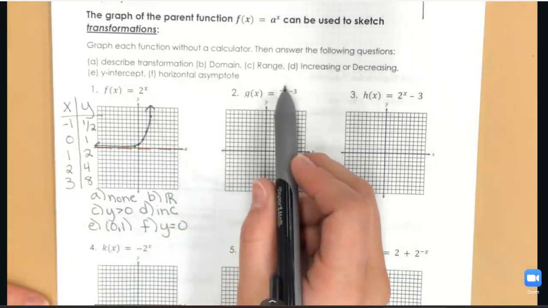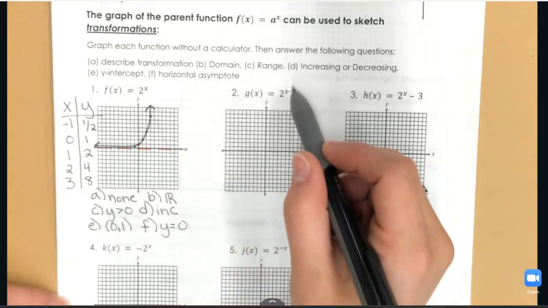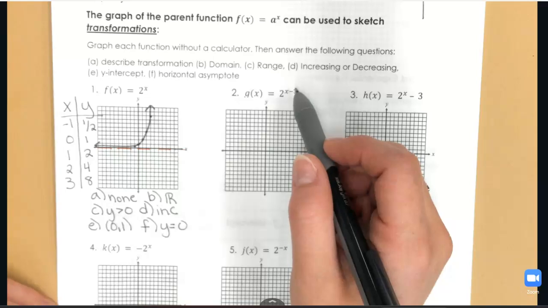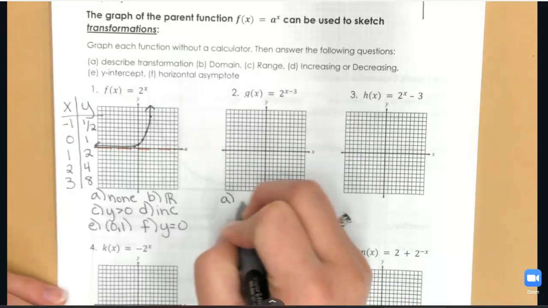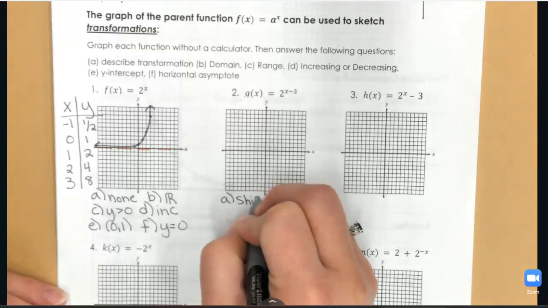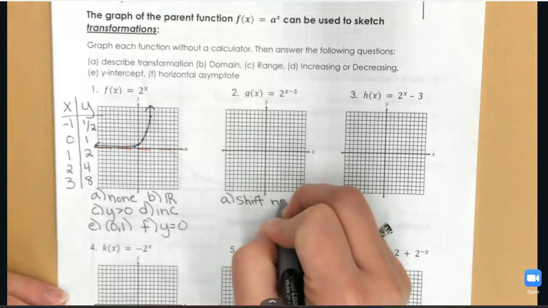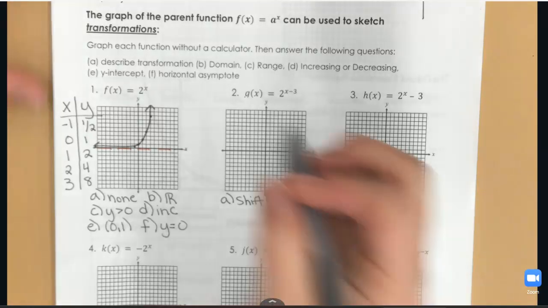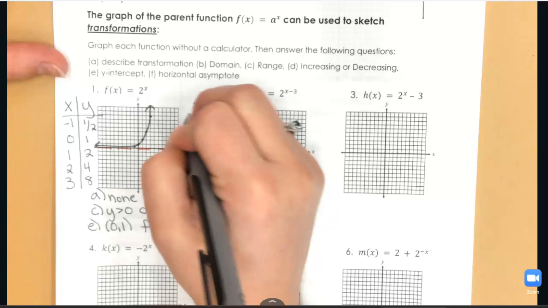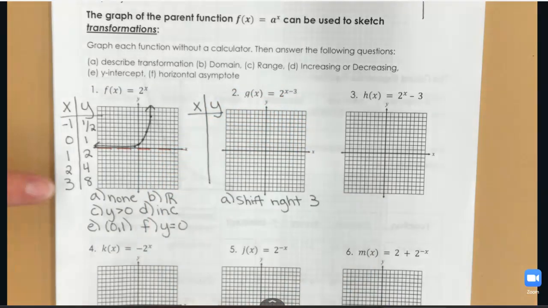So on 2, I have 2 to the x minus 3. The minus 3 is with the x in my exponent, so that tells me it's a horizontal shift. And because it is minus, that means I am shifting right 3. So what I can do instead of setting up a new table with new inputs and outputs and doing the calculations myself, is reference this original table and look at my transformation.